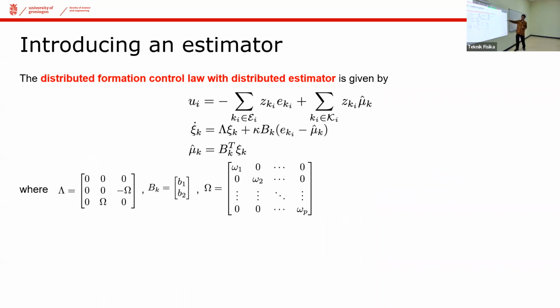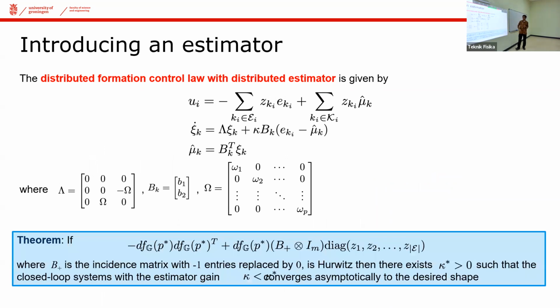So in short, the controller with a distributed estimator is given by the following. This part is similar to the formation controller as before. You have an additional element, which is the corrections part, and this is the state estimator or the disturbance estimator. And we have a certain theorem. I would not spell out what the theorem is, but basically we have conditions under which we can guarantee that everything converges to the right shape and they are no longer moving in the unwanted motions.